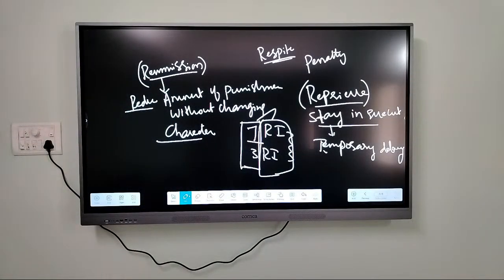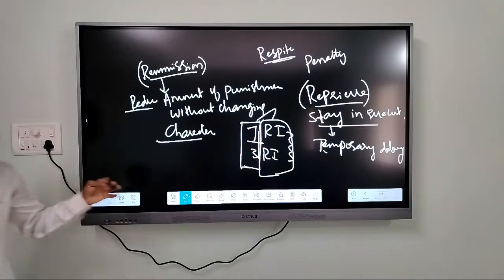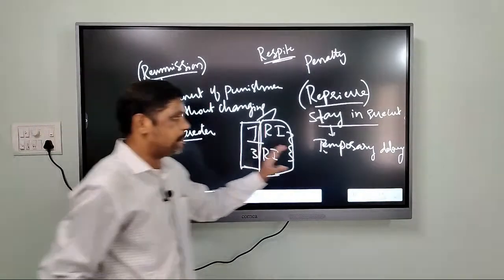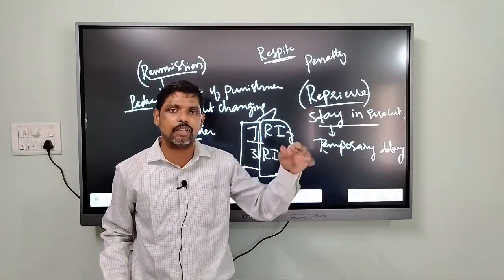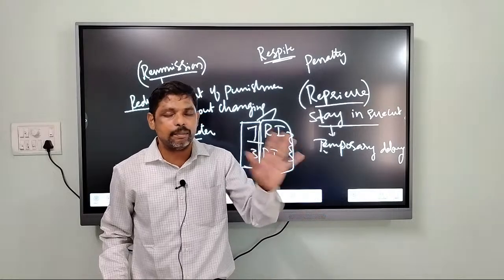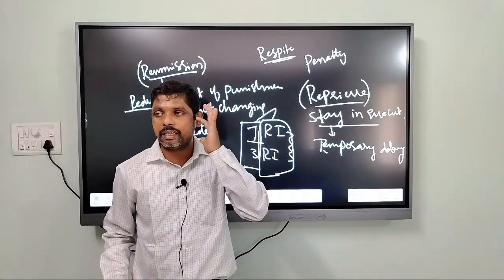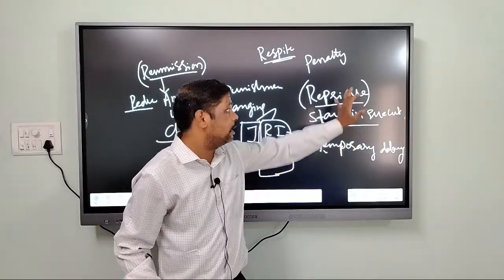That is, when a petition pleading for pardon is pending with the President of India, instead of executing the death punishment, the President can create a delay by using this reprieve.